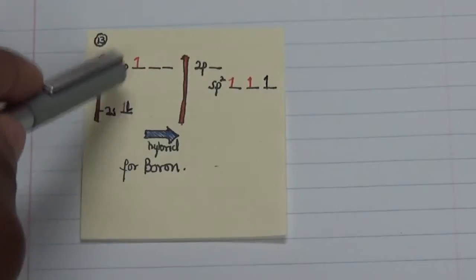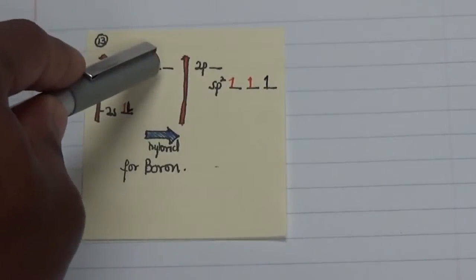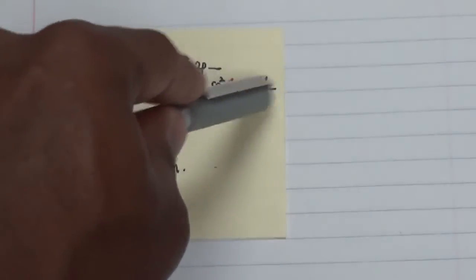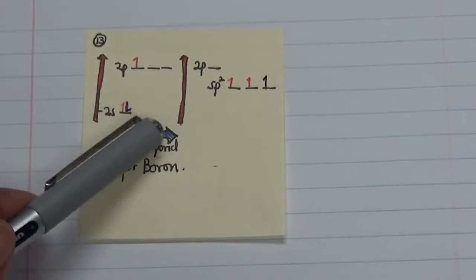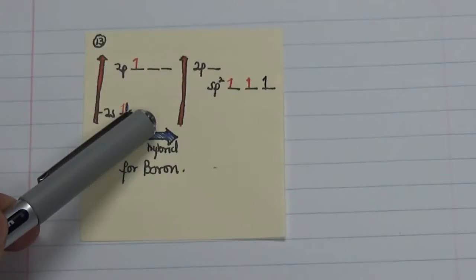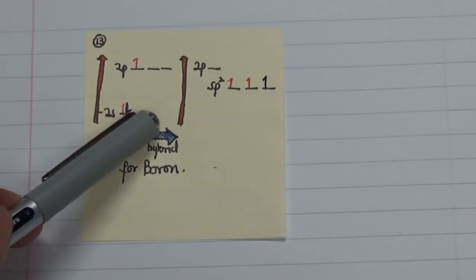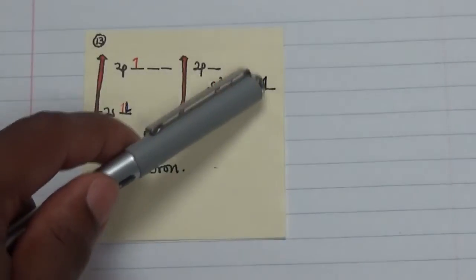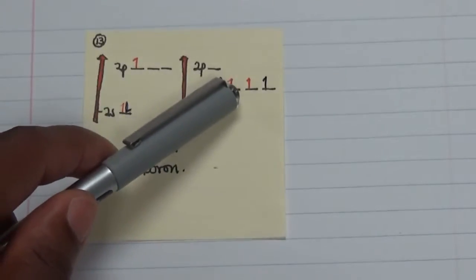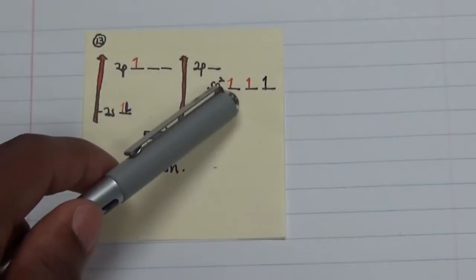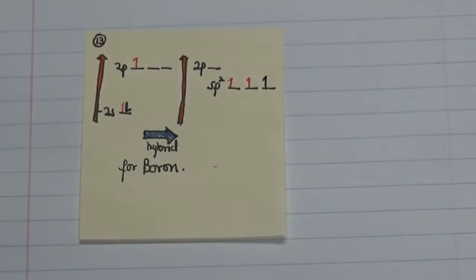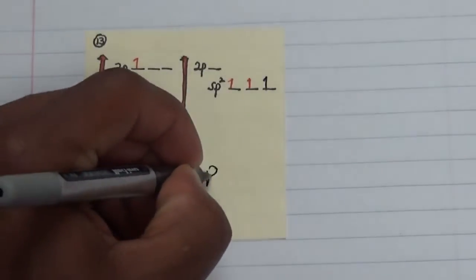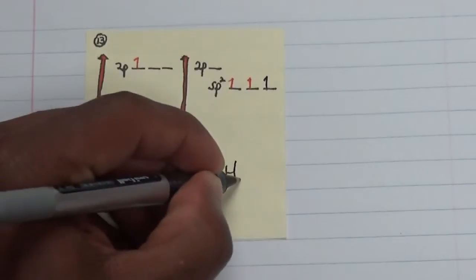What results is that 3 atomic orbitals are hybridized to form 3 hybridized orbitals, and this electron here will undergo an excitation and then a spin flip. So in here we have three half-filled orbitals which will be involved in the bonding with 3 hydrogen atoms to form BH3.